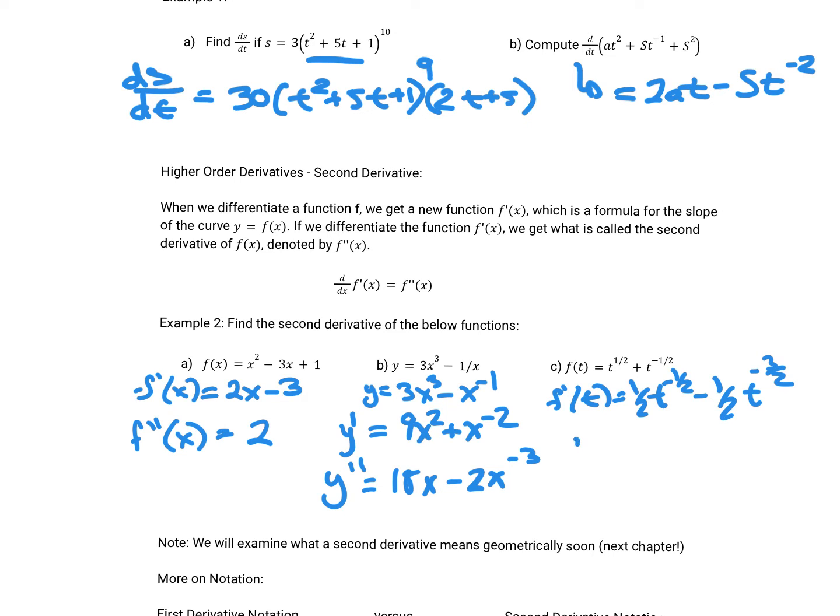And then let's do the derivative again. So the second derivative is the derivative of the derivative. So negative 1/4 t to the negative 3/2 plus 3/4 t to the negative 5/2. So as you can see, the process is the same. You're just taking the derivative of the derivative.